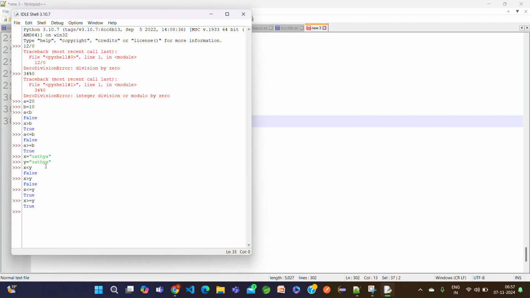We can also use boolean values: True greater than True gives False, since one greater than one is false. Similarly True greater than False, False greater than True; we can use these in relational operators too.